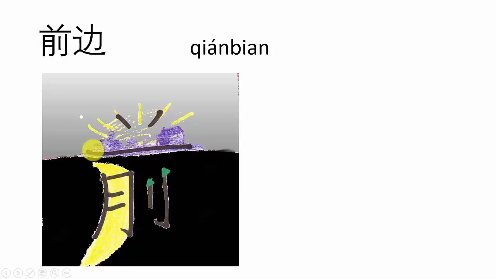And before the moon rises over the horizon, you can see some moonlight. So here I've drawn a little house and some happy trees and the moonlight before the moon rises over the horizon. But you can memorize it however you want. 前边, before or in front of.